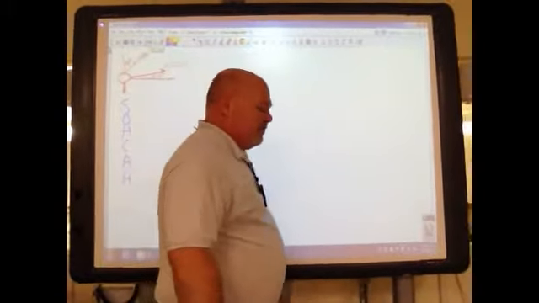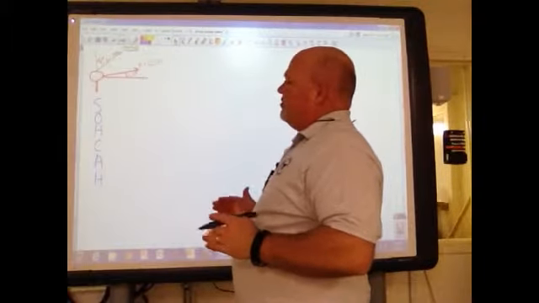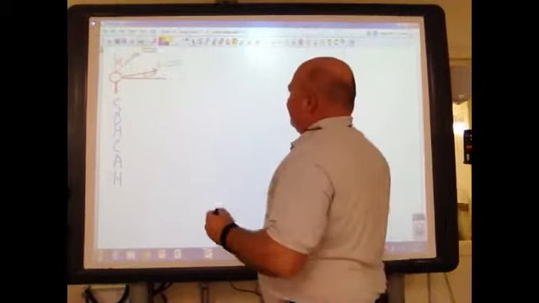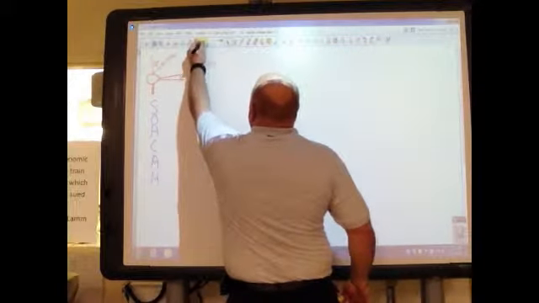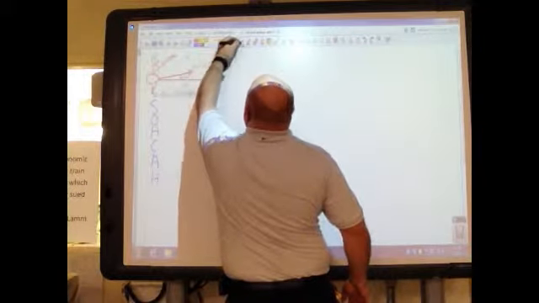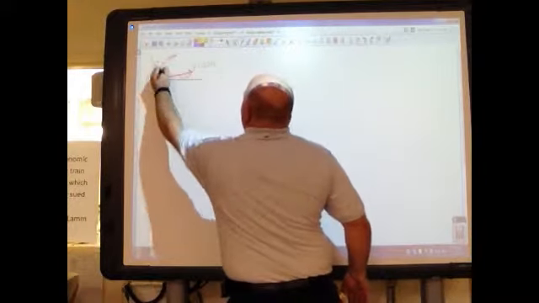To solve a force vector for its components, the very first thing that you would need to do is to draw the force vector in isolation. For example, I'm going to do this force vector right here.